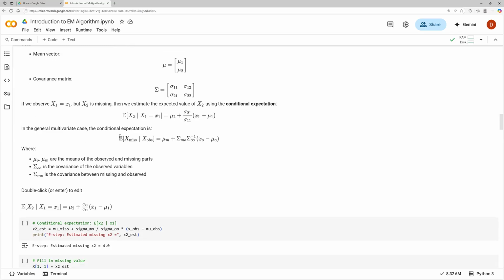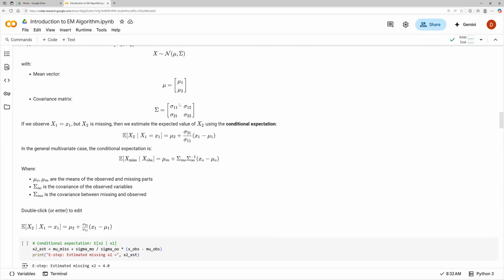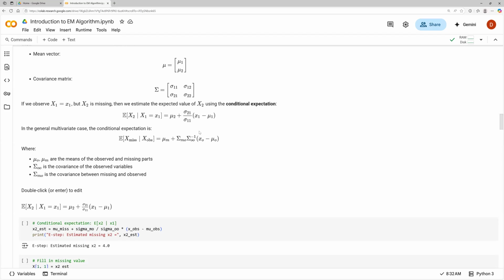we could say the expected value of x missing given x observed is equal to mu m, where the subscript represents missing, plus the covariance matrix of MO times the inverse of the covariance matrix of the observed, times x observed minus mu observed.